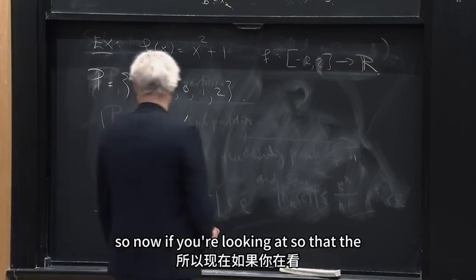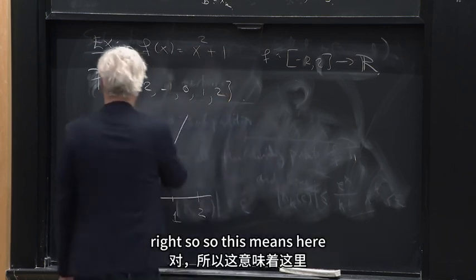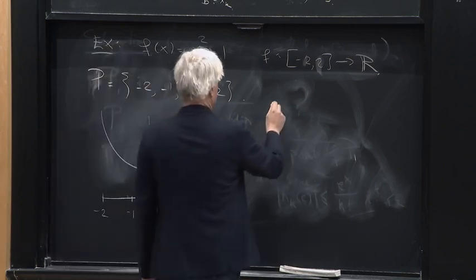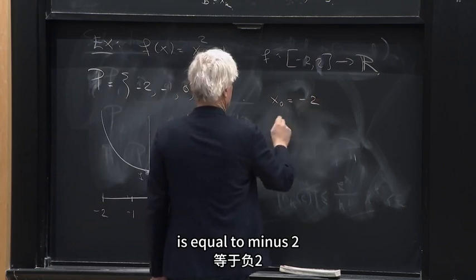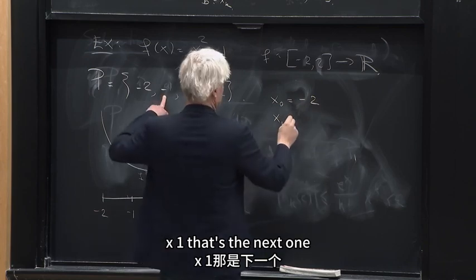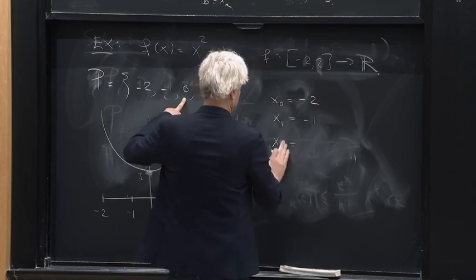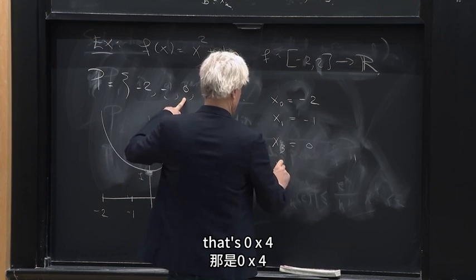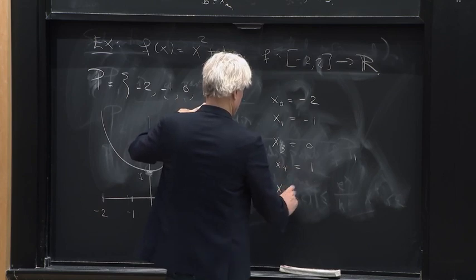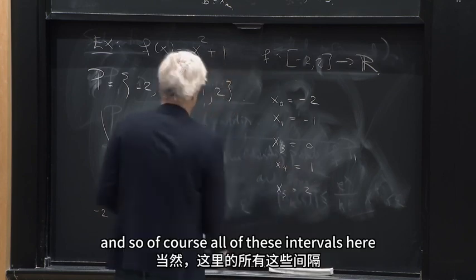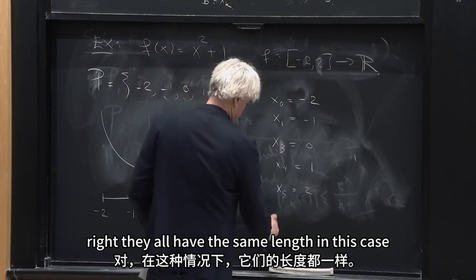So this is my partition. This means that x0 is equal to -2, x1 is the next one, -1, the next one is 0, then 1, and x4 is 2. And all of these intervals have the same length in this case.